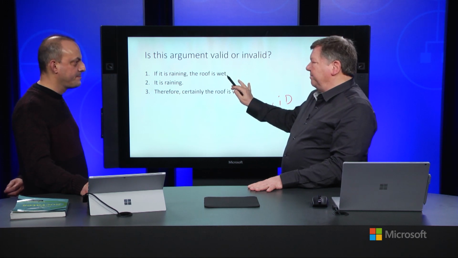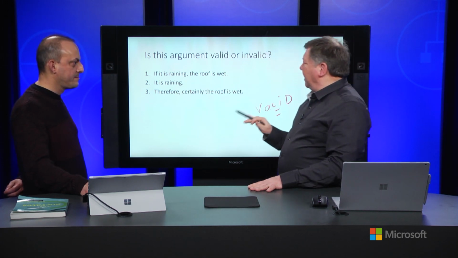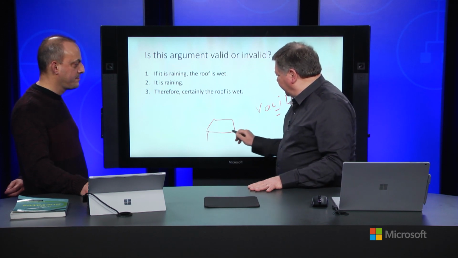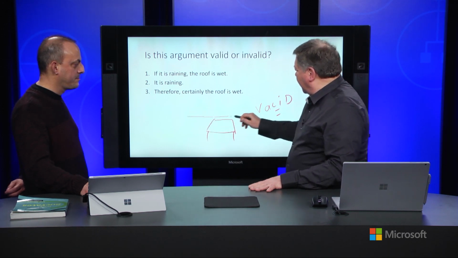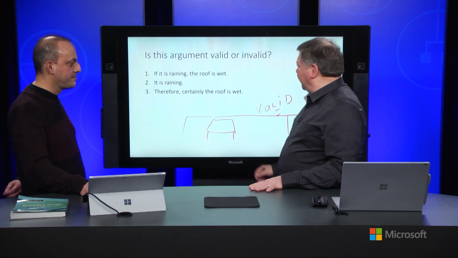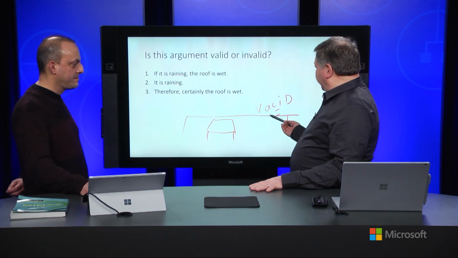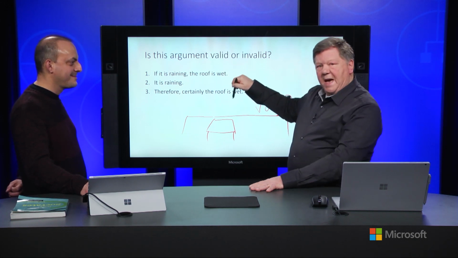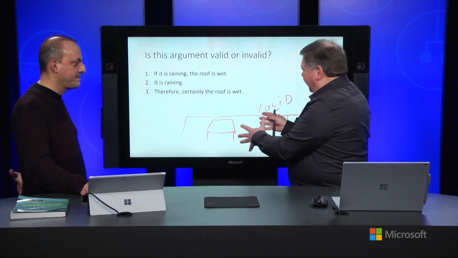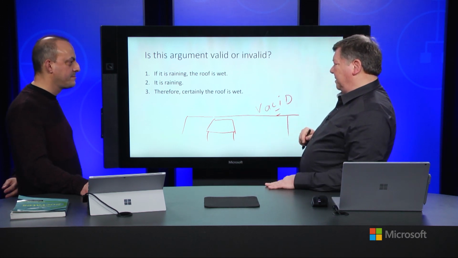I'll grant that. And it's raining. Yes, I'll grant that. But then they say, what if there's a big tarp over the roof to prevent the roof from getting wet? What if that's the case, then the roof won't be wet. And so then they conclude that that's an invalid argument.